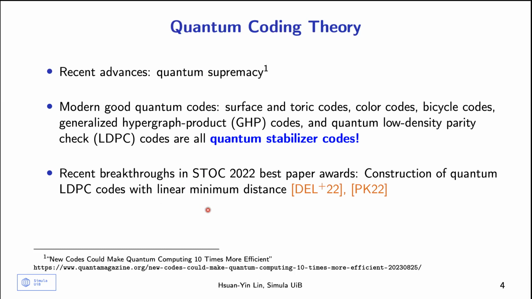So they want to show a similar property in the quantum version. But this is actually an open problem, I think for 20 or 30 years. I will talk about it later once I start to explain the code, so maybe you will know why it is so hard to find such good codes with linear minimum distance.